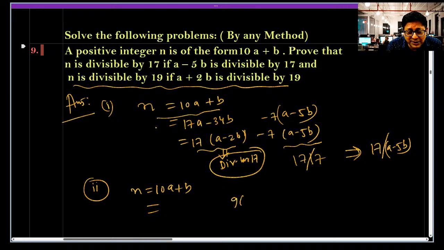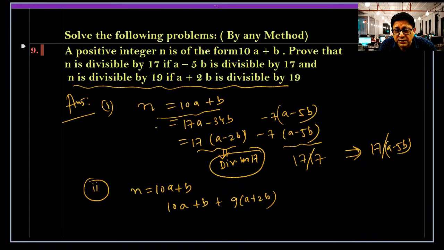So 9 into (a plus 2b), 10a plus b plus 9a plus 2b is what?